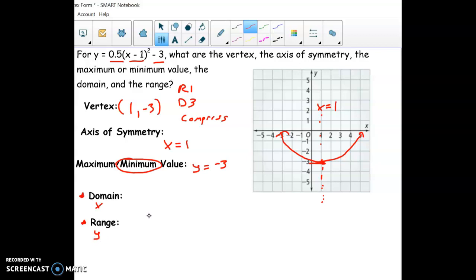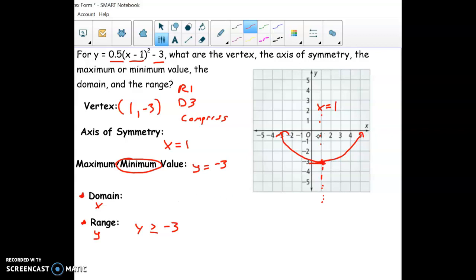Range is what is possible for y. So I'm actually going to start with range because in some ways I think it's easier to understand. So we said that the minimum for y is negative 3. All right, so that means y is going to be all the numbers that are greater than or equal to negative 3, right? Because we start at negative 3 and then go up from there.